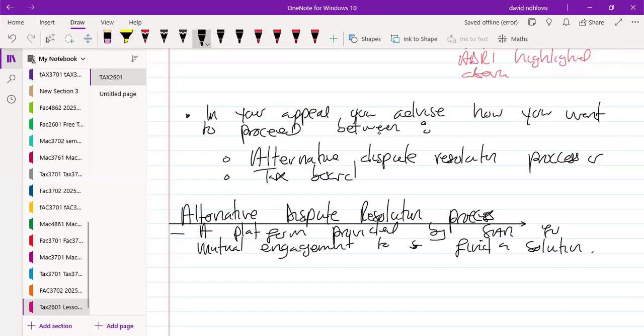So this is a process that SARS can use, where you can meet the officials at SARS and you can sit down and look at the merits of whatever it is that you are discussing. You look at it together, interpret that, and then make a decision.